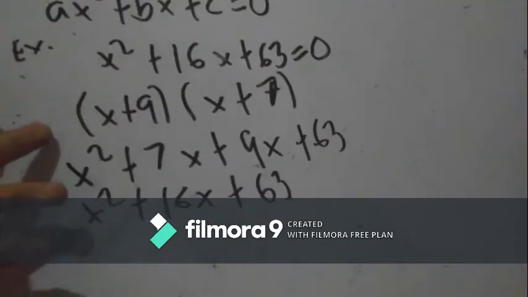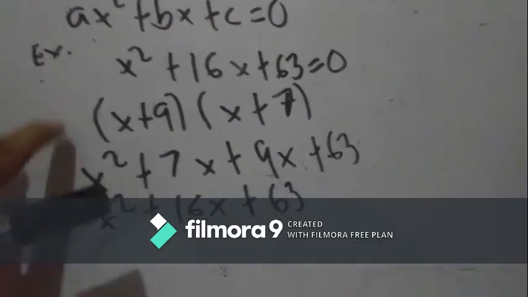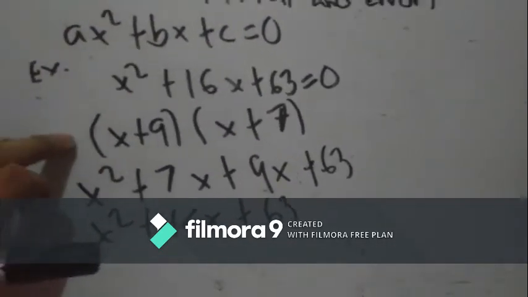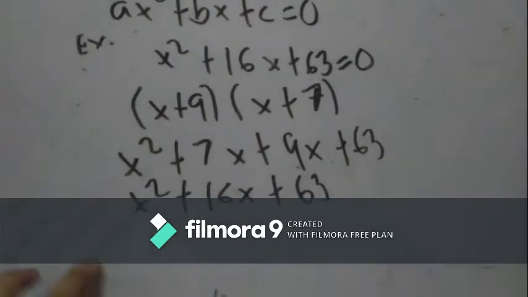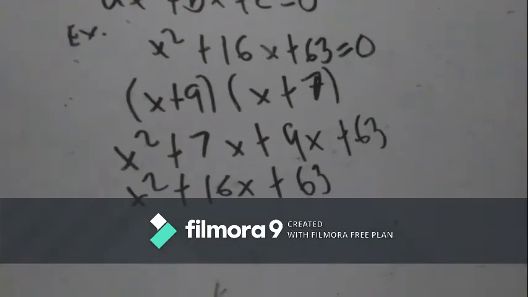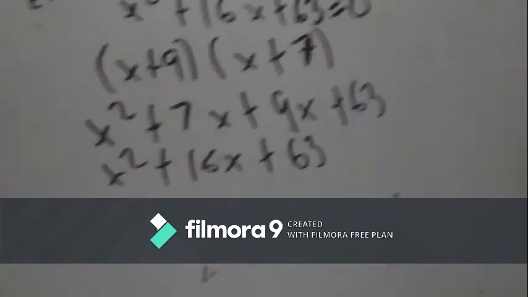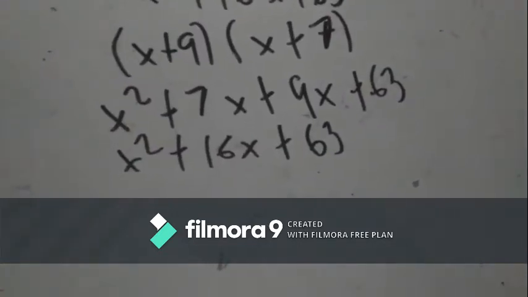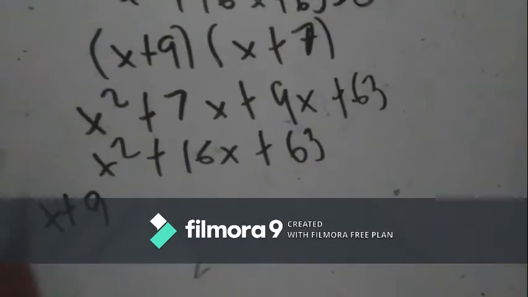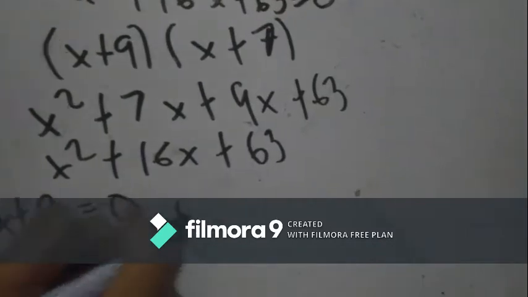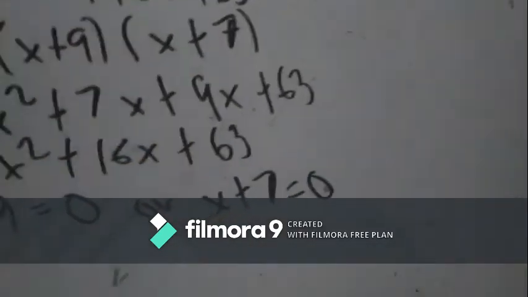I followed the general trinomial, trial and error. So, ginawa kong ganito, pag ginawa kong ganito, tama yung sagot ko. Tama siya. Diba? Tama. So, pupunta na talaga tayo sa totoong equation ng general trinomial. So, dito, i-apply na natin yung zero product property, which is x plus 9 equals 0 or x plus 7 equals 0.